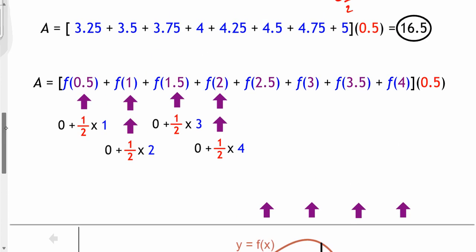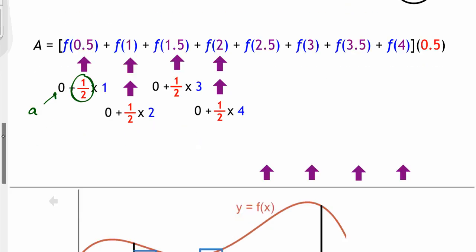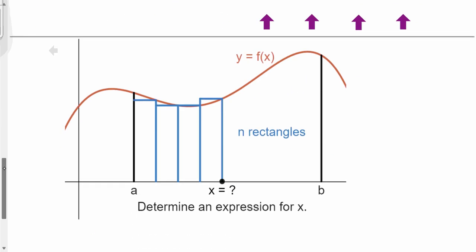So as we look back here, well, we already figured out this is the a value, right? So we know we want that a. What is this half? That's the width of the rectangle. So let's think about this, and I'll call it delta x, as being the width of the rectangle. How can we calculate that delta x?